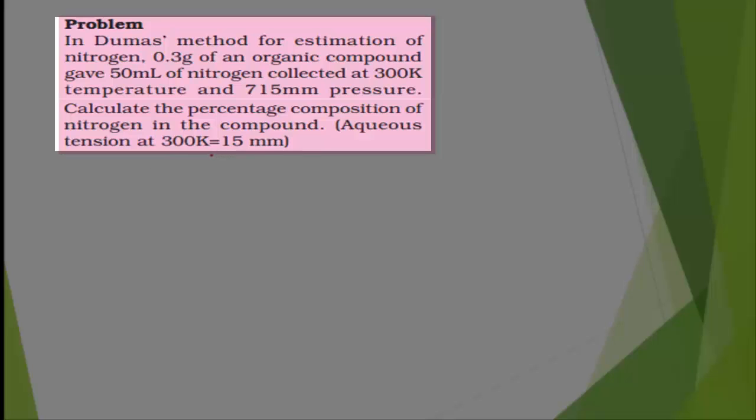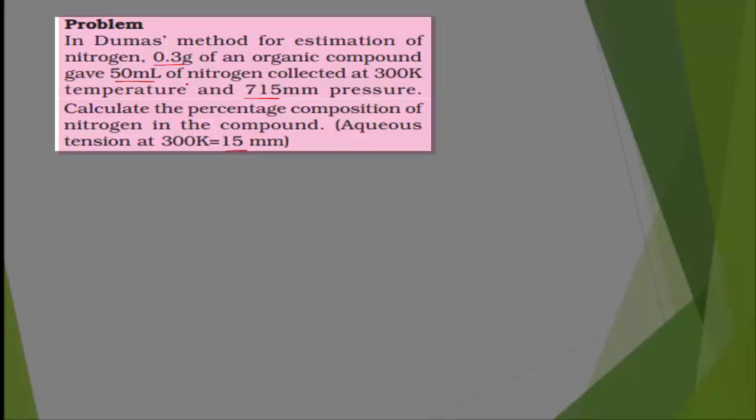So how we are going to proceed is, we have the amount of organic compound, we have 50 ml of nitrogen at the given temperature and pressure. Total pressure is 715, but out of that 15 mm is due to water, that is the aqueous tension, so we have to subtract this. So whatever the pressure is due to nitrogen is only 700 mm of pressure.